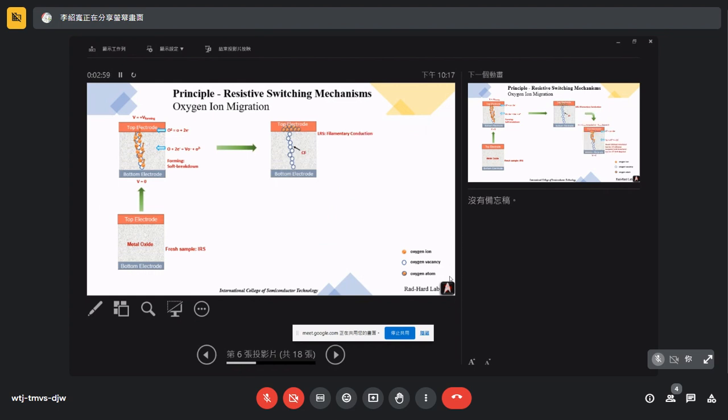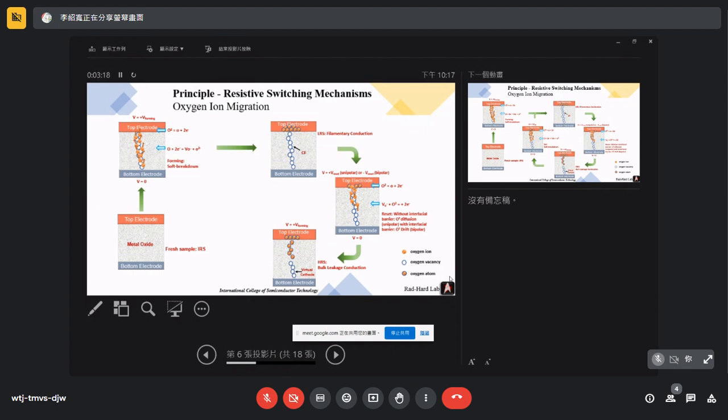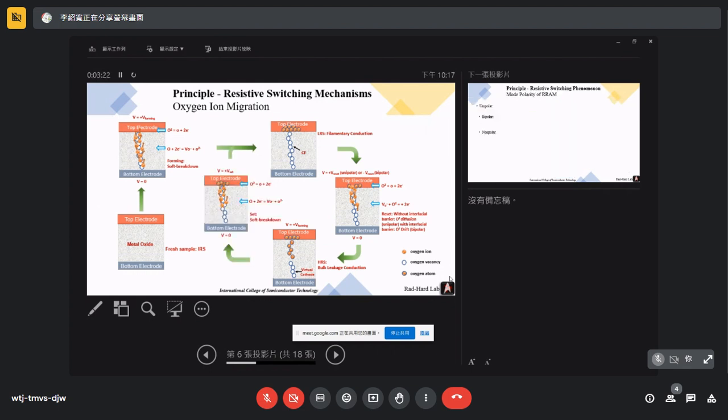Then we apply the negative bias to go from low to high resistance, where we can see the filament going back to the top electrode. We break the filament, with the oxygen vacancies going back to the bottom electrode. It's called reset, and then again we repeat to form, which is called set. So it can repeat multiple times, as I previously said.